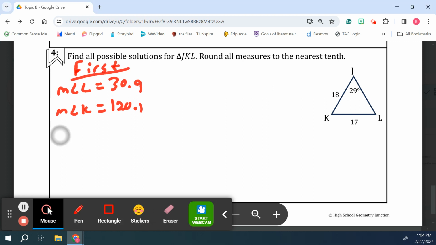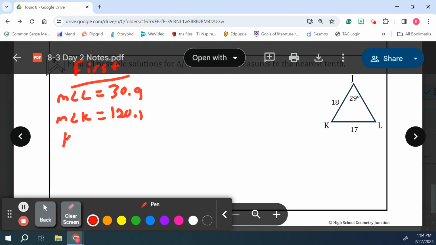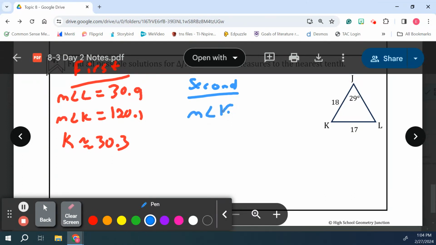That means that little k for this one is going to equal about 30.3. Now this has a second solution. Again, you still have angle L the same. However, angle K is going to be 1.9. And this makes little k, the second solution, about 1.2.